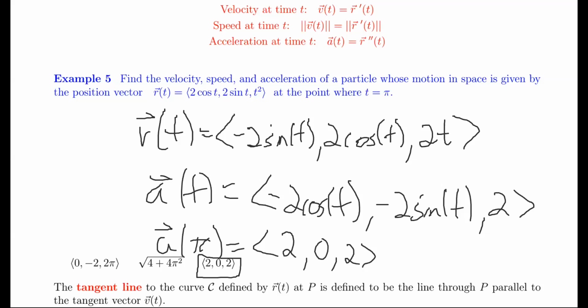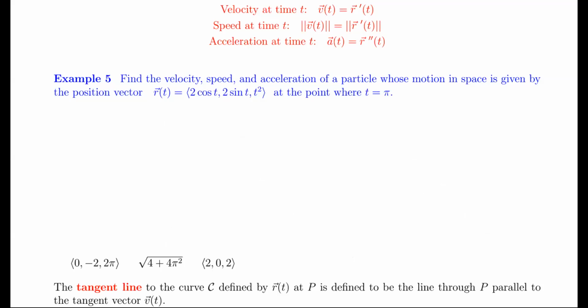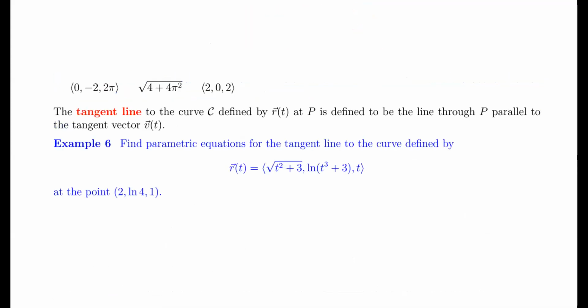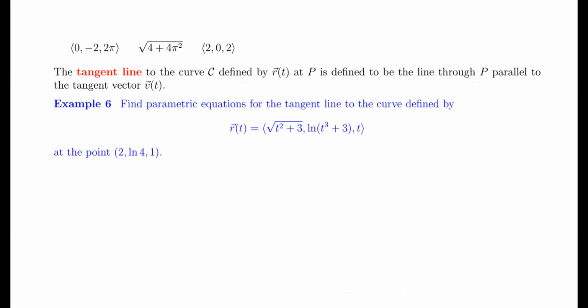All right. We're going to move on and do a couple more examples. So the tangent line to the curve C defined by r of t at P is defined to be the line through the point P parallel to the tangent vector.